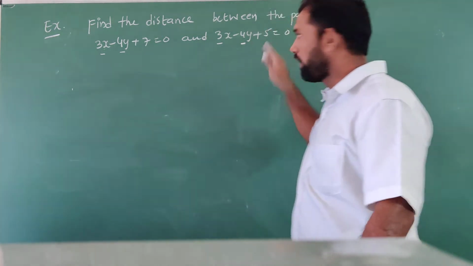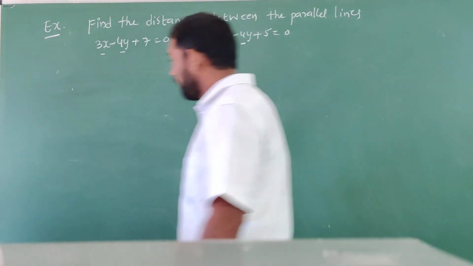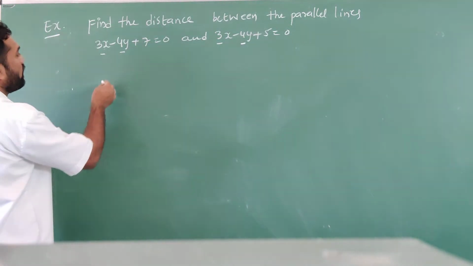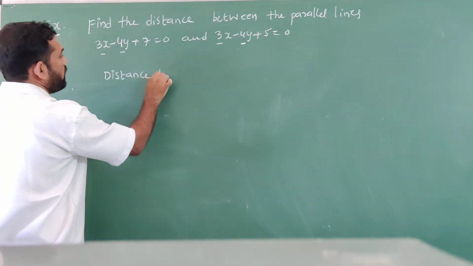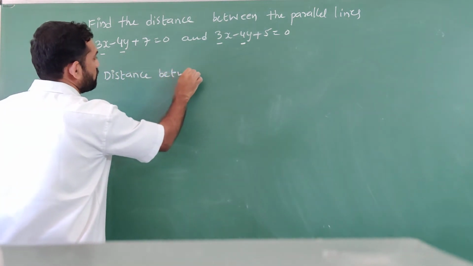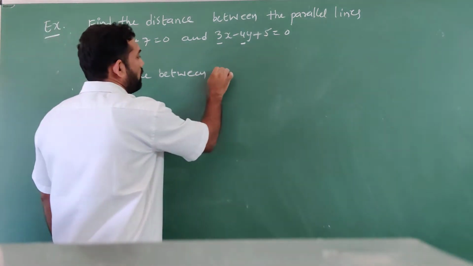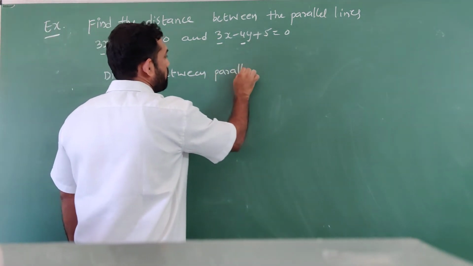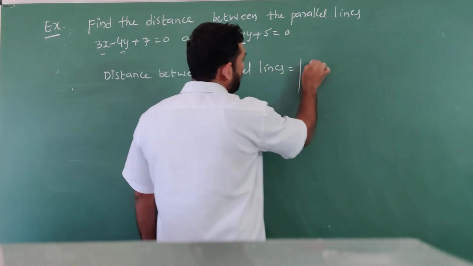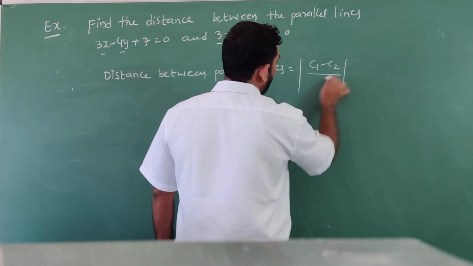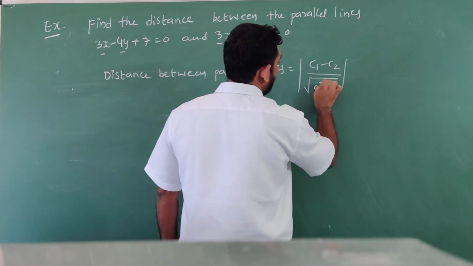Right? Now the formula for the distance between them. Distance between parallel lines is equal to what is the formula? C1 minus C2 divided by root over a square plus b square.